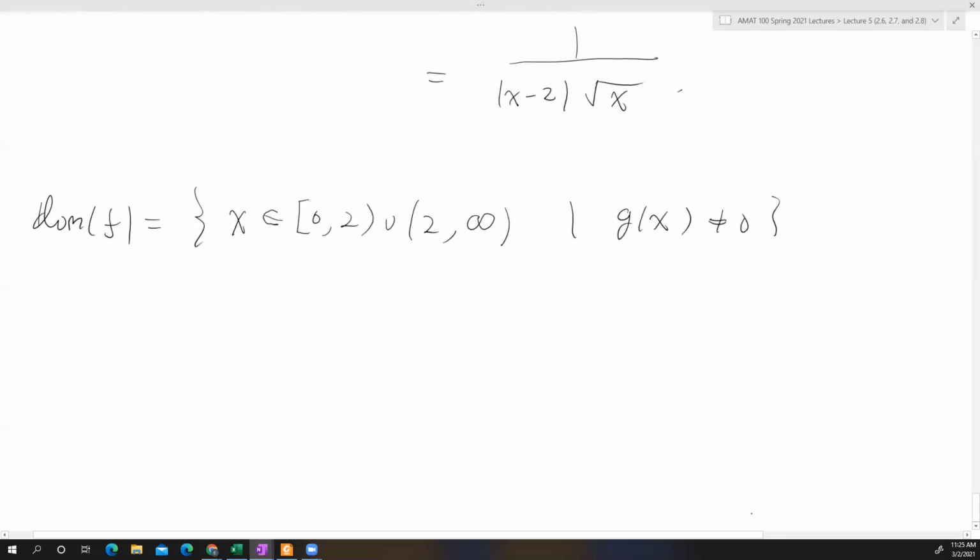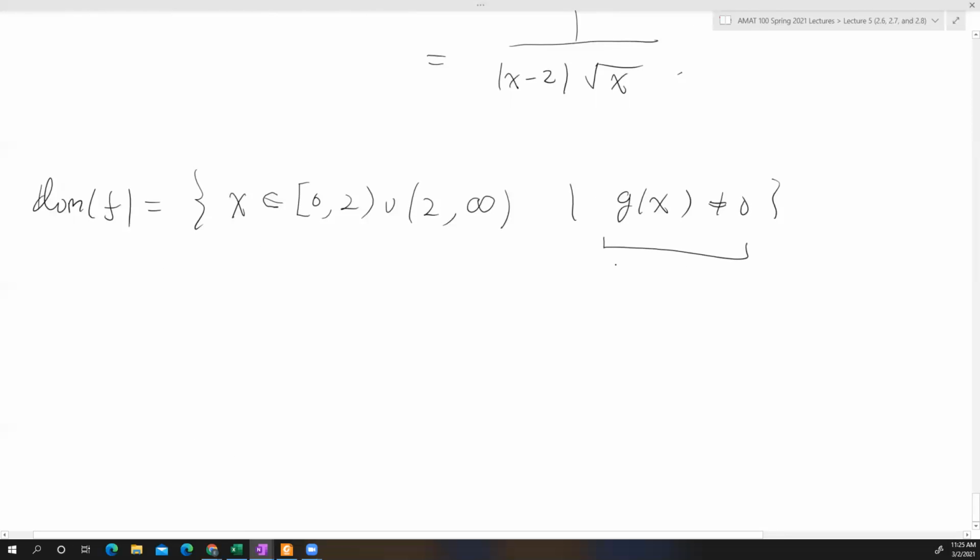So we want to determine what this set is. Well, remember g of x is square root of x. g of x is 0 if and only if the square root of x is equal to 0, if and only if x is equal to 0.